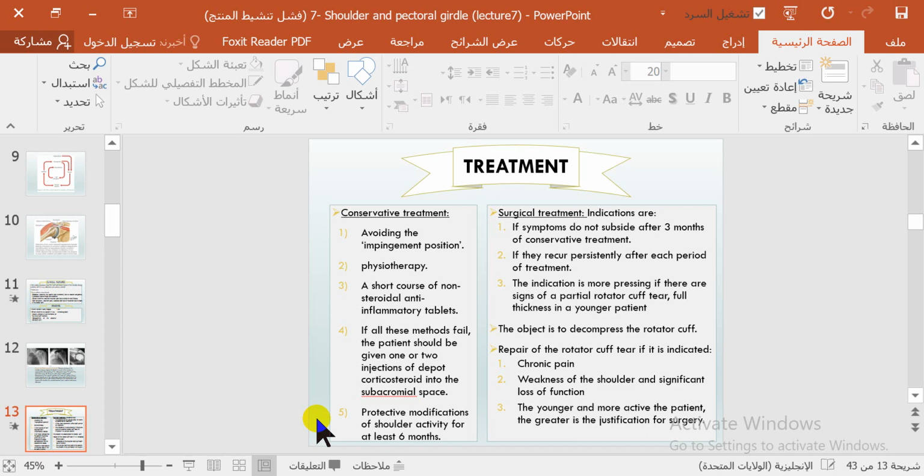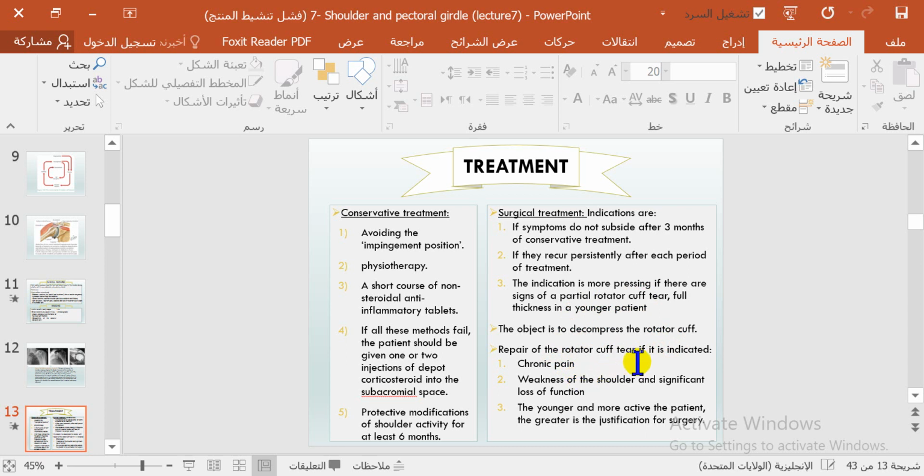The indication is more pressing if there are signs of partial or full thickness rotator cuff tears in a younger patient, because they need to regain their activities and need surgical repair. The object is to decompress the rotator cuff and repair rotator cuff tears if indicated.